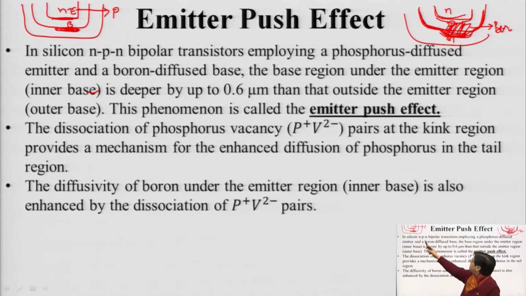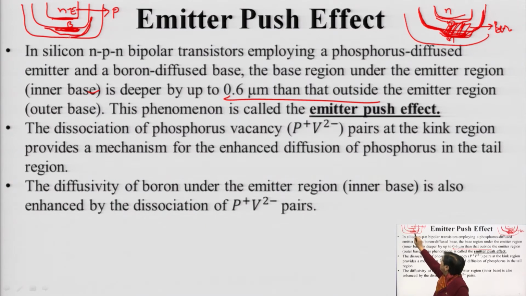Now, when you have NPN bipolar transistors employing a phosphorus diffused emitter region, the boron diffused base region inside the emitter region is approximately 0.6 micrometer deeper than outside the emitter region. The dissociation can result in further deeper penetration of this boron species, and that gives birth to the emitter push effect.